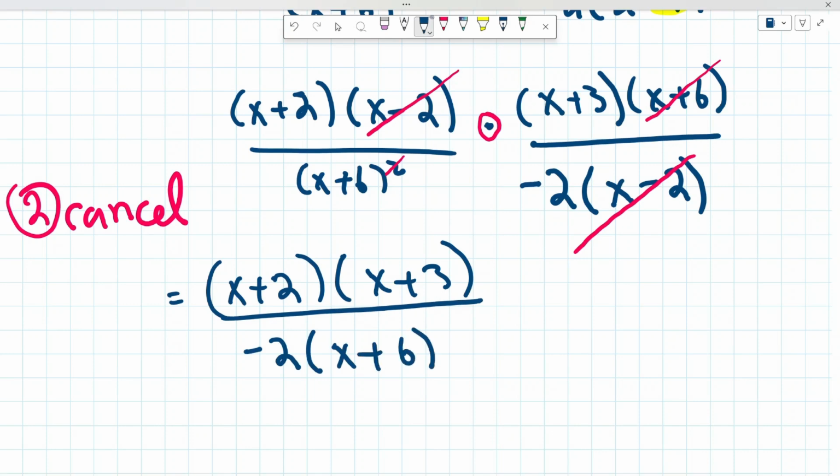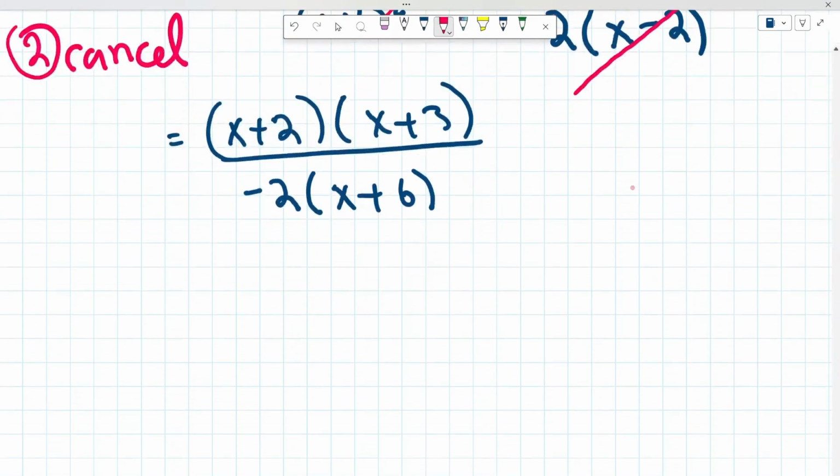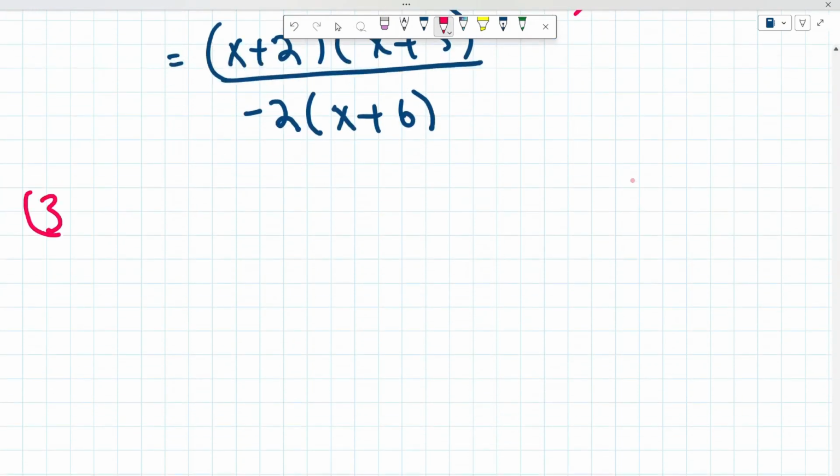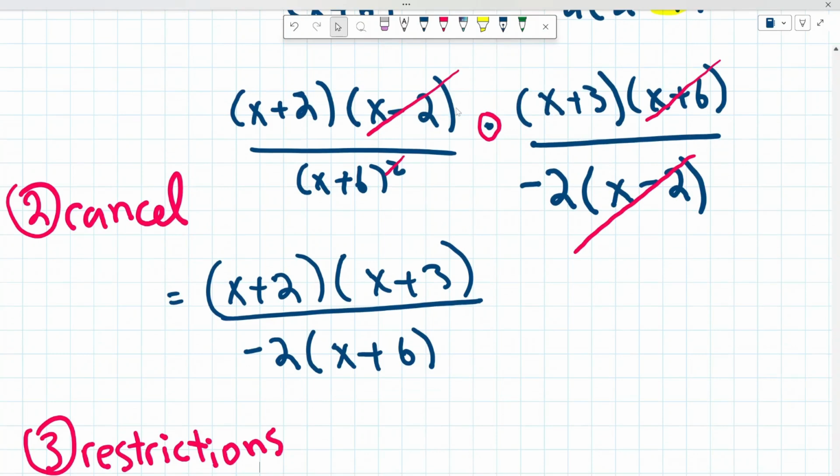So this is already so much more simplified than what we started with. But now we have to remember what we've canceled out, because we have to state our restrictions as part of our step number 3. So we have to get the restrictions of what we've canceled out.